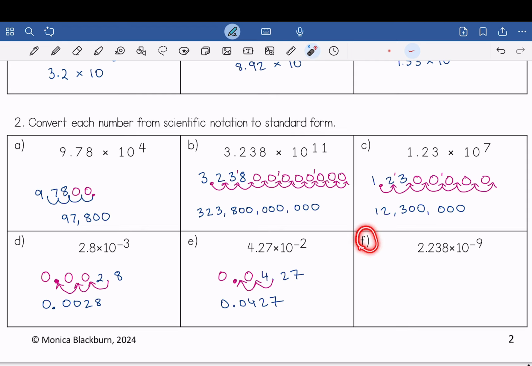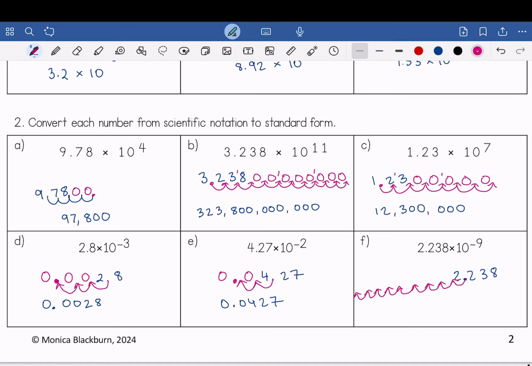Let's look at F. So this one's going to be a very small number with lots of zeros. We're going to move the decimal point to the left by 9 places. I'm going to rewrite my number sort of to the right here because I'll need space to my left. The decimal point is here, and it's going to move 9. 1, 2, 3, 4, 5, 6, 7, 8, 9.